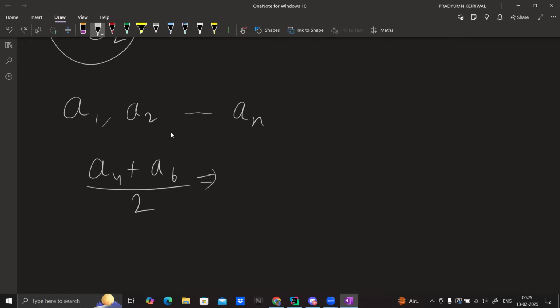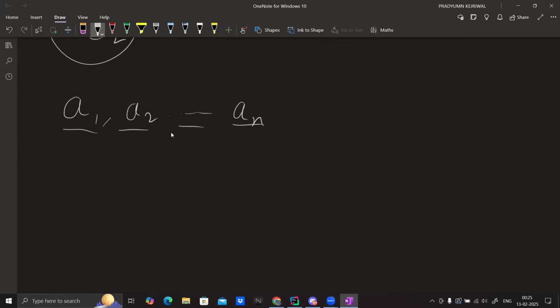More particularly, I want that all of the subsequences of length 2 have integral average. So what does that mean? That every number mod 2 should be the same. That is the observation here, that the mod 2 of every number has to be the same. Why?